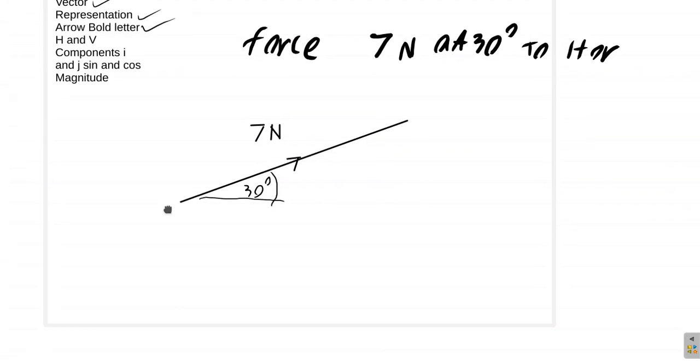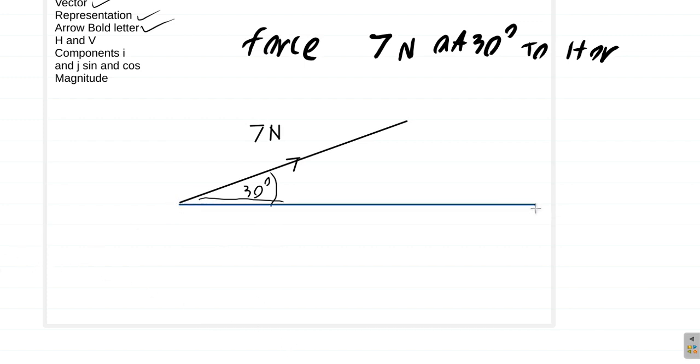Now, when you talk about the horizontal component and the vertical component, what are you going to do? You're going to start at one end of the vector and draw a horizontal line. You start at the other end of the vector and draw a vertical line, so that the horizontal line and the vertical line meet at 90 degrees.